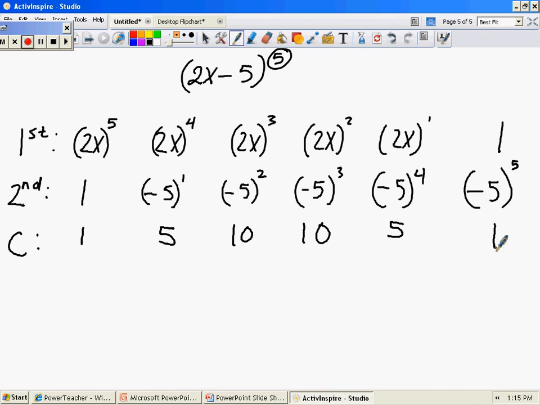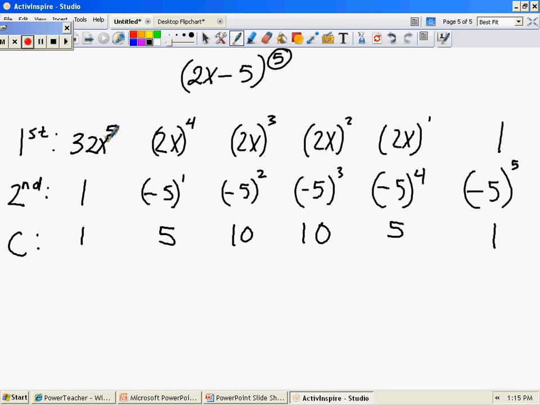So if I just put all these together now by multiplying them straight down, then we'll get the whole polynomial. It's up to you. Some people might just do all this right now in their head. I kind of like to rework it a little bit and do each piece alone, like 2x to the 5th. If you do that separately right now, you would get 32x to the 5th power, because 2 to the 5th is 32.